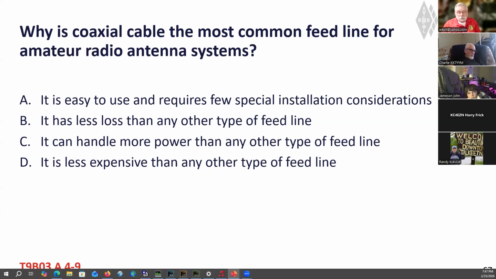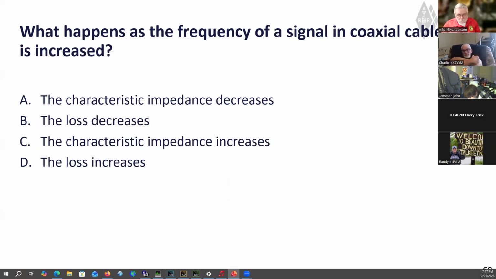Back in tube days, you matched the impedance of your output devices, which were vacuum tubes, to your transmission feed line with a circuit in the radio. They don't do that anymore. What happens as the frequency of a signal in coaxial cable is increased?